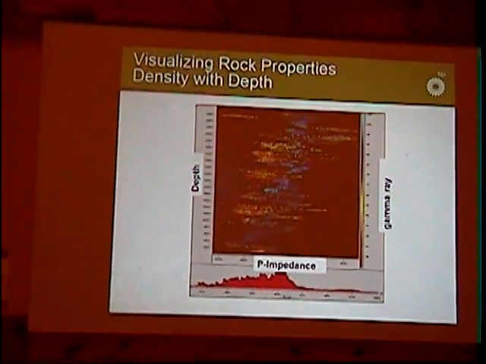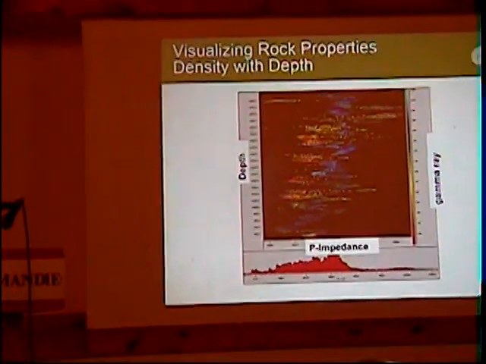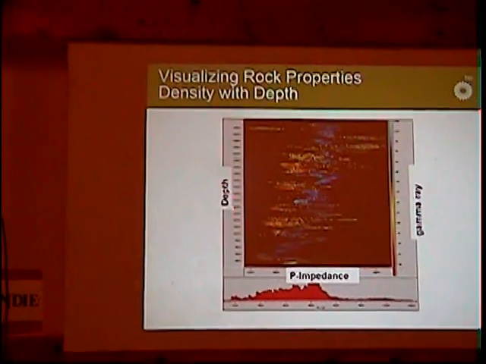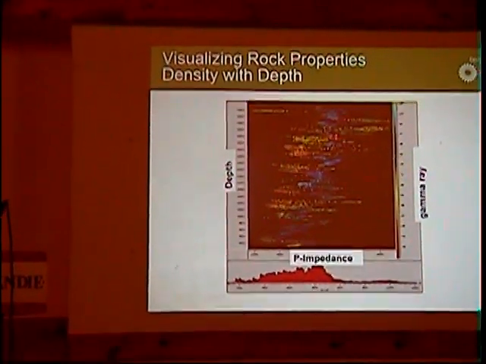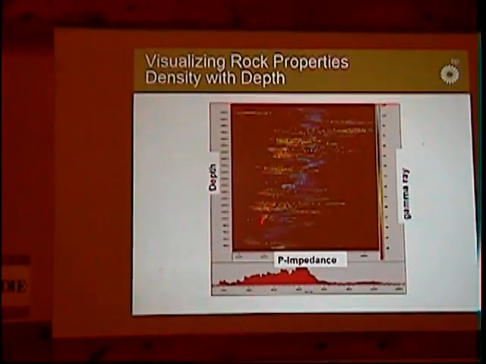Okay. And this is just the product of those two, compressional velocity and density. So I've plotted P impedance with depth, discriminating. The colors are again, blues will be shales, the yellows and reds will be sands.